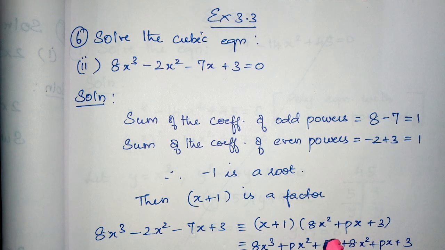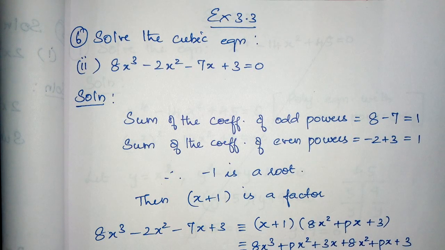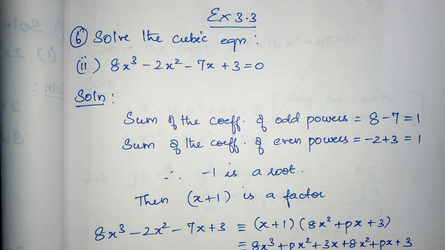So I have multiplied. x into 8x square is 8x cube, x into px is px square, x into 3 is 3x, and 1 into 8x square is 8x square, 1 into px is px, and 1 into 3 is 3.